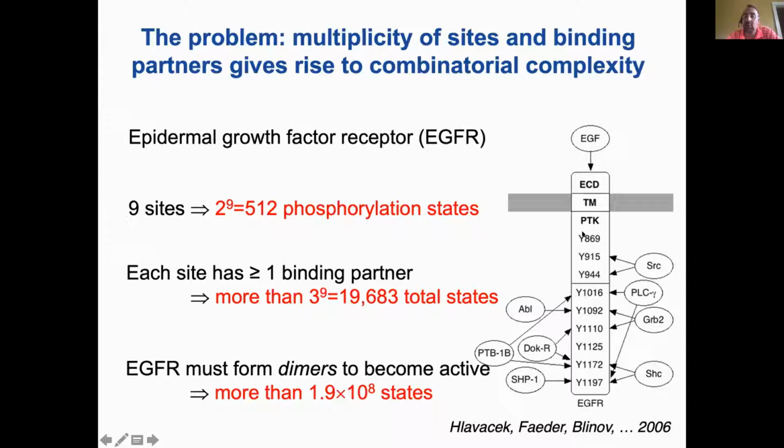There are 9 sites, each of them can be on or off, so 2 to the 9 phosphorylation states for a single receptor.